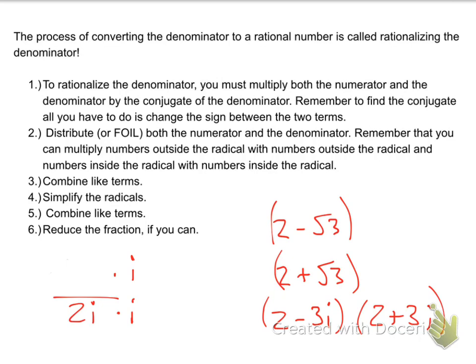Please don't leave it as the square root of 50. Take it to 5 times the square root of 2. Combine any like terms you can. Reduce the fraction if you can. So it's just good practice, right? Always write it in simplified form. When it's a fraction, that means reduce it, reduce it, reduce it. Anytime you can multiply, you multiply it out. Those types of things. Okay?